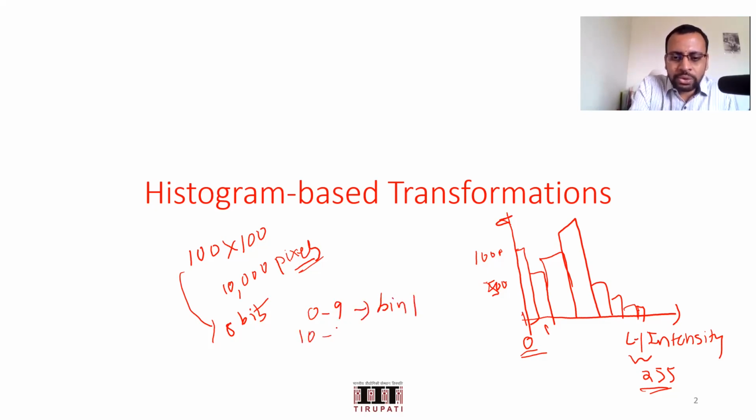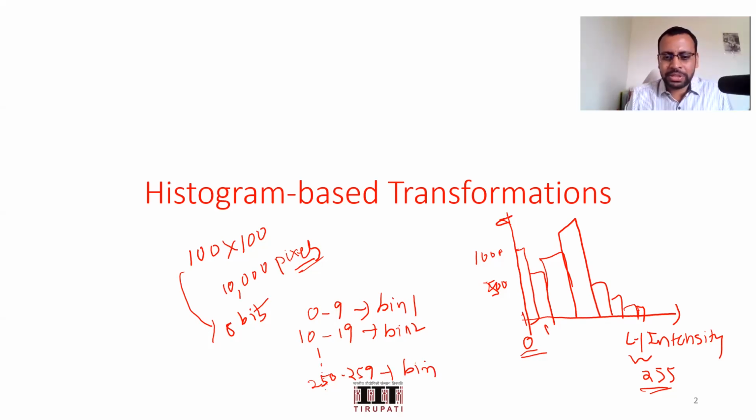10 to 19 is my bin 2, and so on and so forth. Maybe 250 to 259 will become which bin? Bin number 26. Okay, 25 or 26, whatever it is.